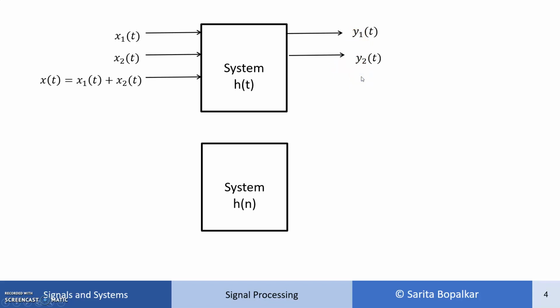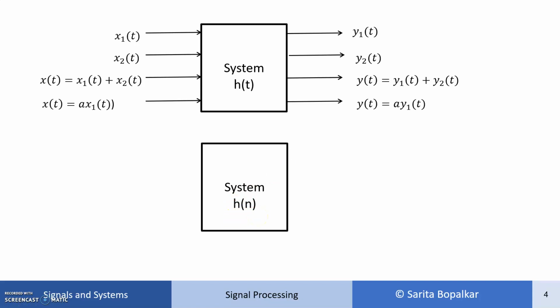That means at the output I should get y1(t) plus y2(t). So this is the superposition principle, and the same logic you can apply for discrete time systems also. If I multiply x1(t) by a, the output should also get multiplied by a. That is the scaling.